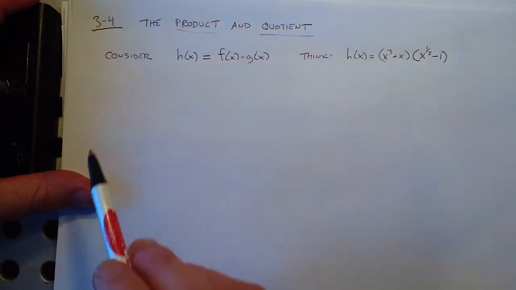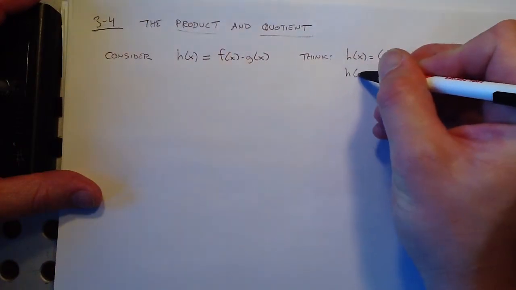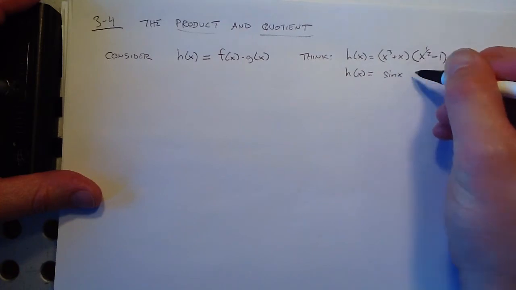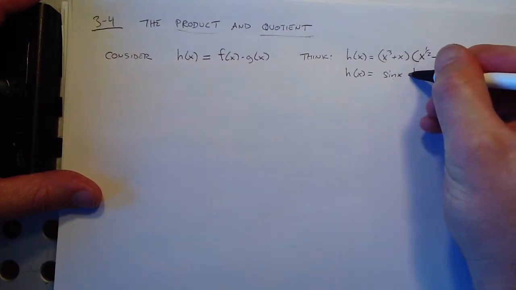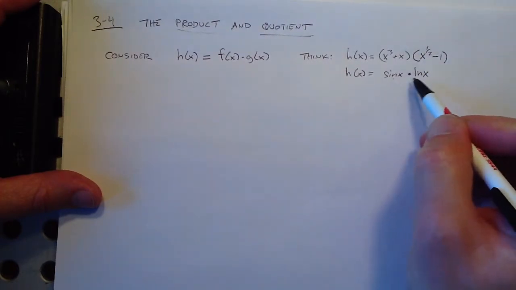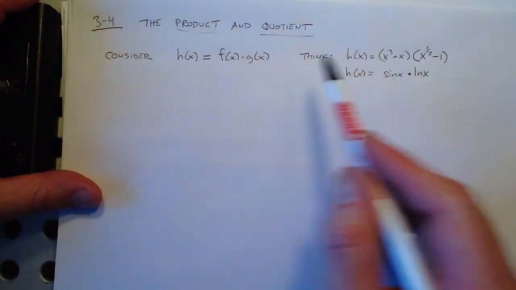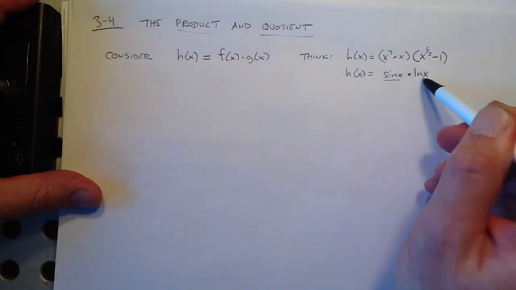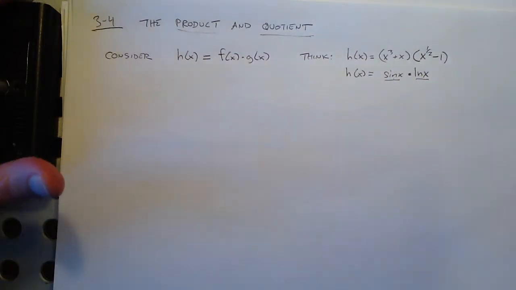But this will give us another way, and it will also give us another way, like in case we had something like h of x is equal to sine of x times the natural log of x. Now, of course, we don't know how to take the derivative of either one of those functions yet, so until we do, we'll have to put this rule on hold. But this rule will give us a way. If you know the derivative of this one and this one, you can find the derivative of the product.